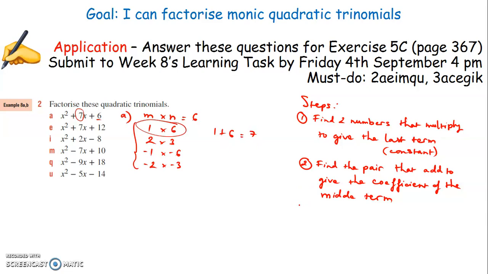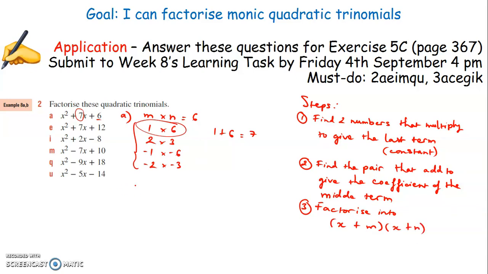Our final step here is to factorize. We factorize into bracket x plus m and bracket x plus n.